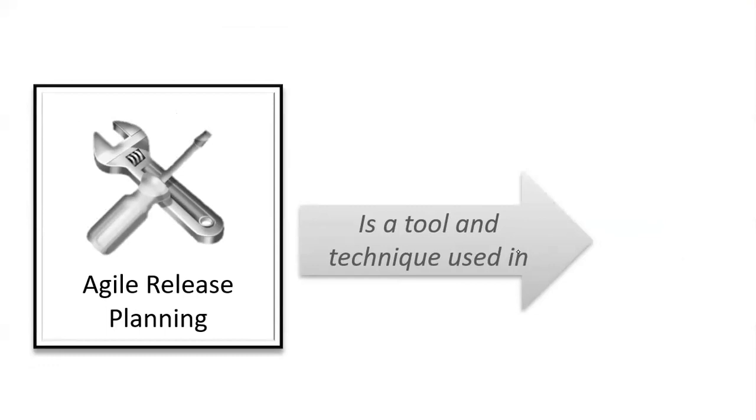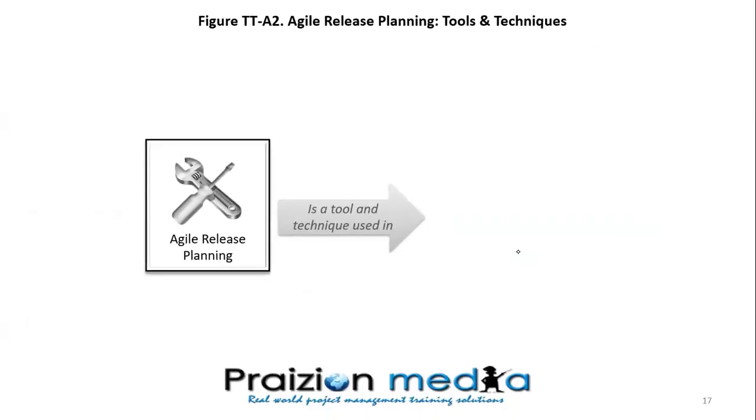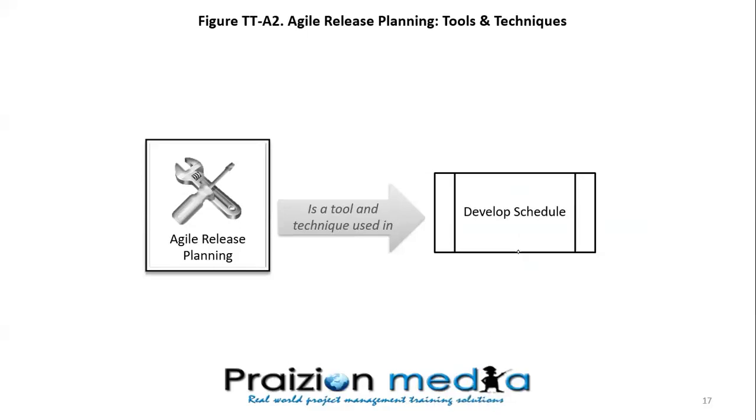All right. So obviously the answer to this is in chapter 6. It's develop schedule. If you haven't looked at the breakdown for Agile release planning and how the work is broken down from releases to iterations to the backlog to user stories to tasks, all that stuff, if you haven't gotten that down pat, you should.